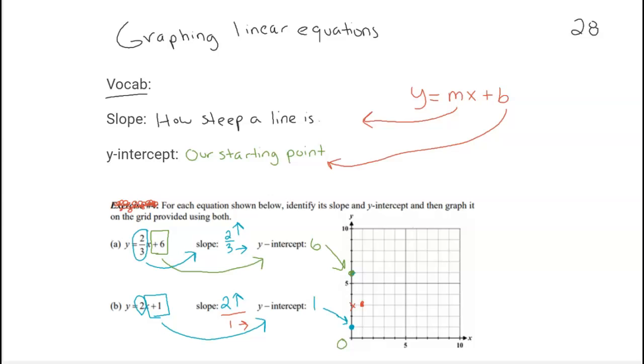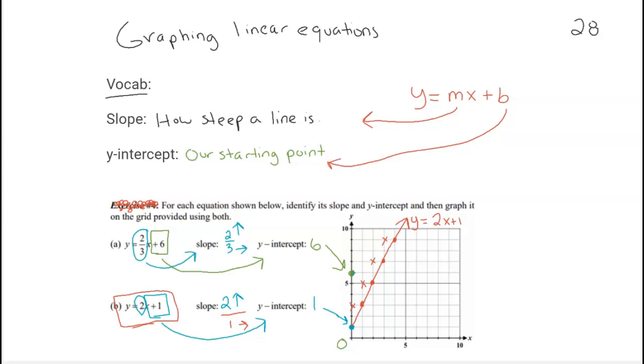So again, up 2, make a note, right 1, up 2, make a note, right 1, connect my points, make a line, and then last but not least, I'm going to rewrite the equation, which in this case happened to be y equals 2x plus 1.